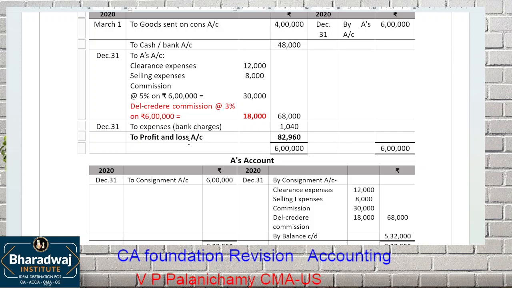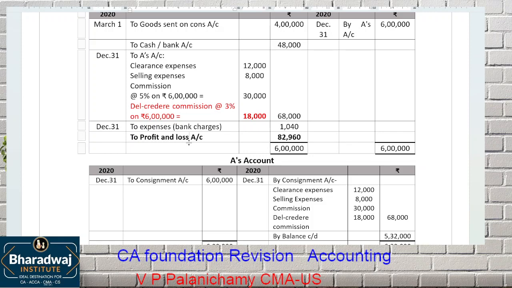You have to find out the value of goods sent. Try. Think.